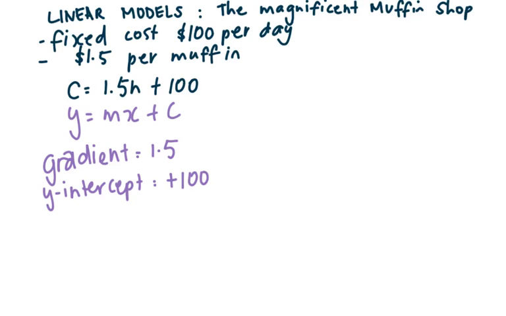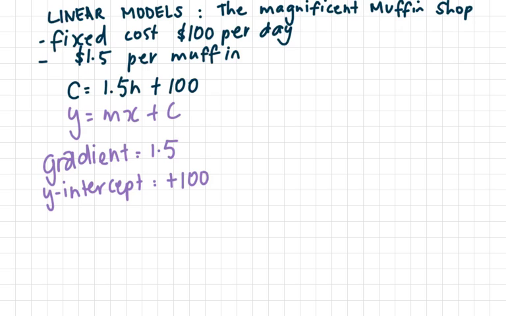So using the graph, and if we had to draw the graph, I'm going to try and do that as quickly as I can here. So we're going to do our values.